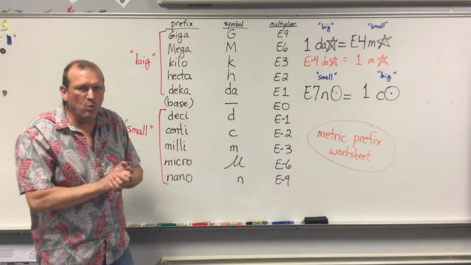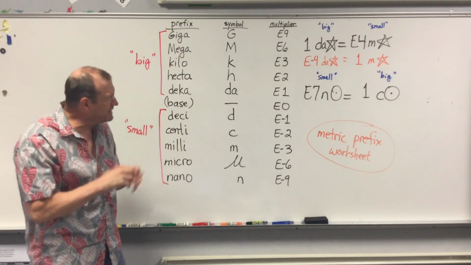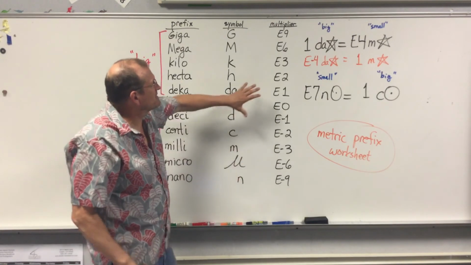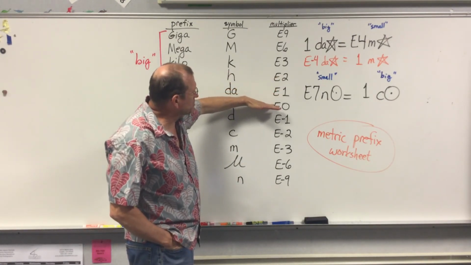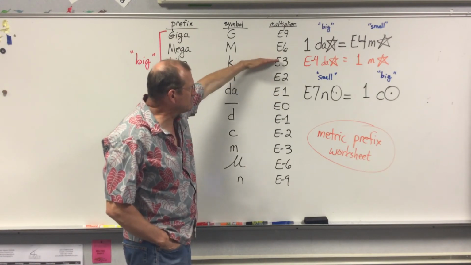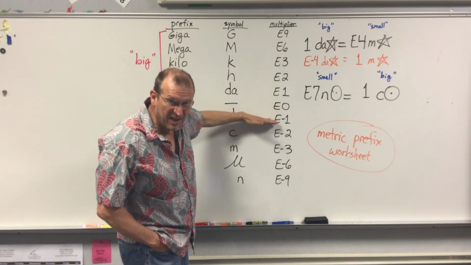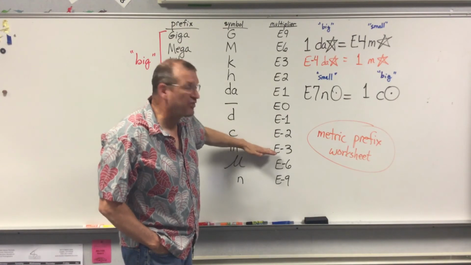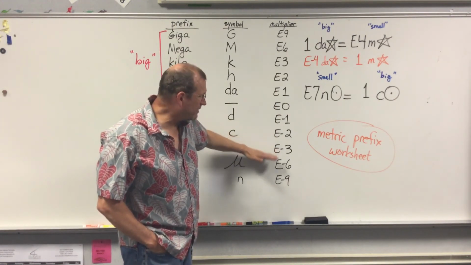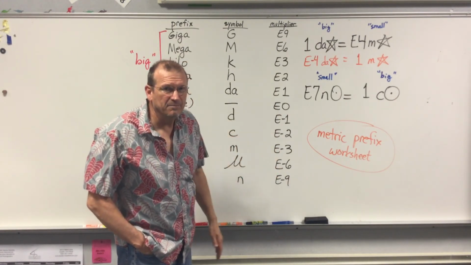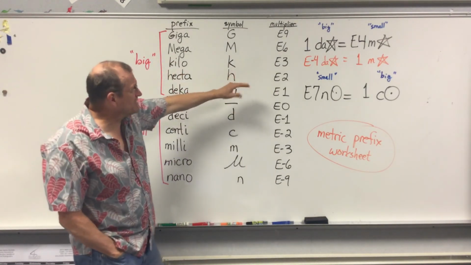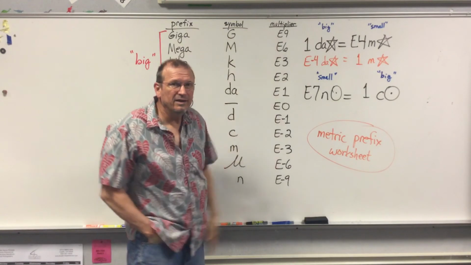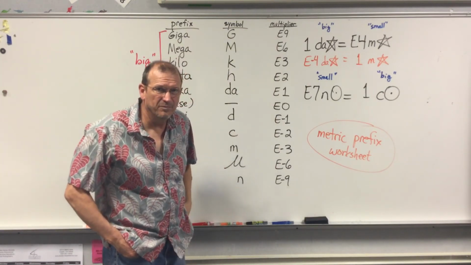And I'm going to point out one last cool thing. You'll notice that when it comes to the multipliers, you have multipliers to cover 10, 100, and 1,000, a tenth, a hundredth, and a thousandth, but from there, you jump by 3. The reason for this jumping by 3 is how we write numbers.